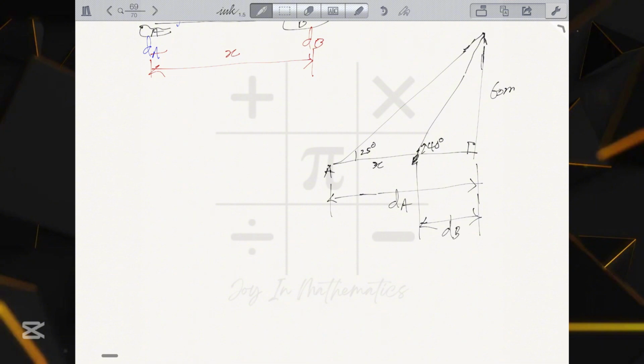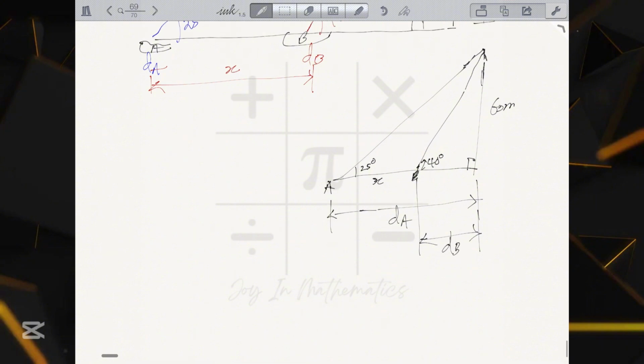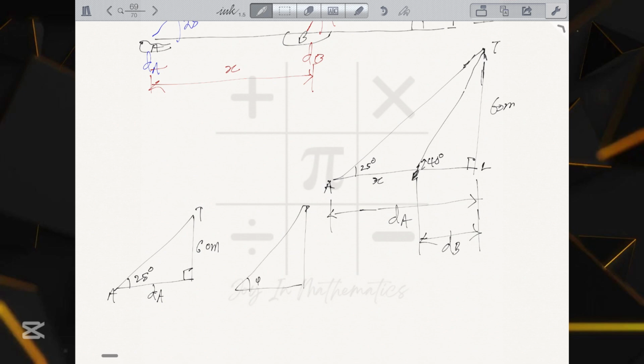So now we have two diagrams. We have the top of the lighthouse, and the base of the lighthouse L. So we have two diagrams basically. The one that concerns boat A, and this will be DA, 25 degrees, 60 meters to the top of the lighthouse, and also boat B, which is 40 degrees with a base of DB, 60 meters to the top of the lighthouse.